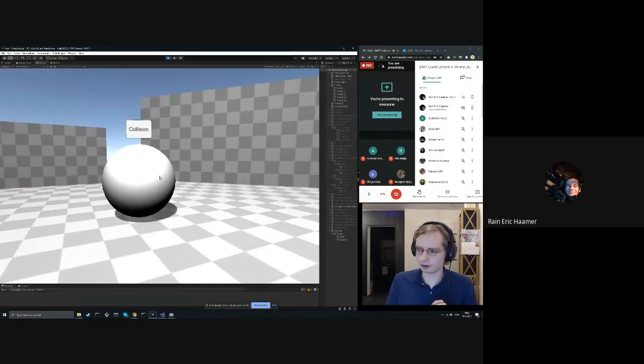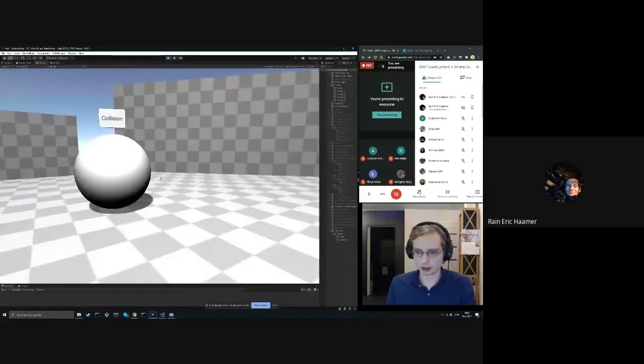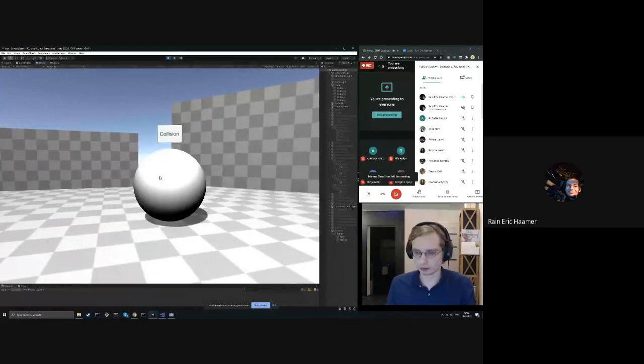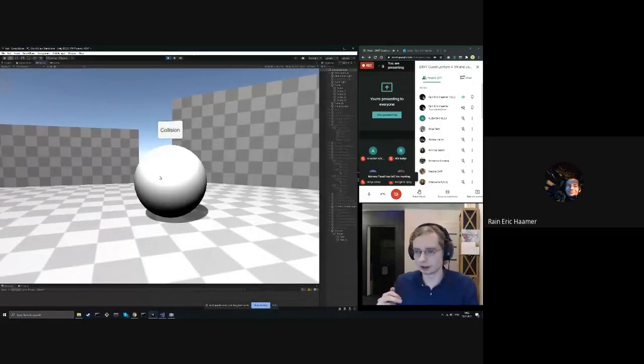Here comes a difference with normal traditional 3D environments and virtual environments, and that is collision. In normal environments, or not normal, in 3D environments, if you don't want the user to walk through an object that you have in space, then you just have a collider attached to it.